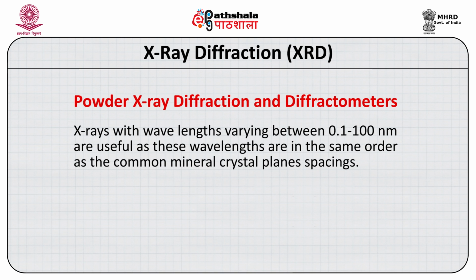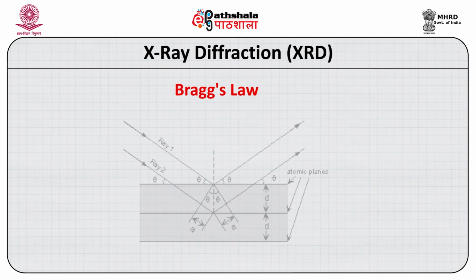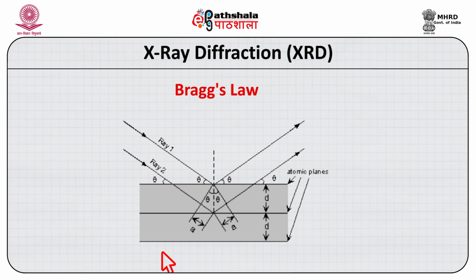For parallel planes of atoms with the spacing defined by d HKL, where HKL refers to a particular crystallographic plane, the diffraction occurs only when certain conditions are satisfied, and these conditions are that for constructive interference, and these are defined by Bragg's law. Let us look in this diagram when this condition will occur.